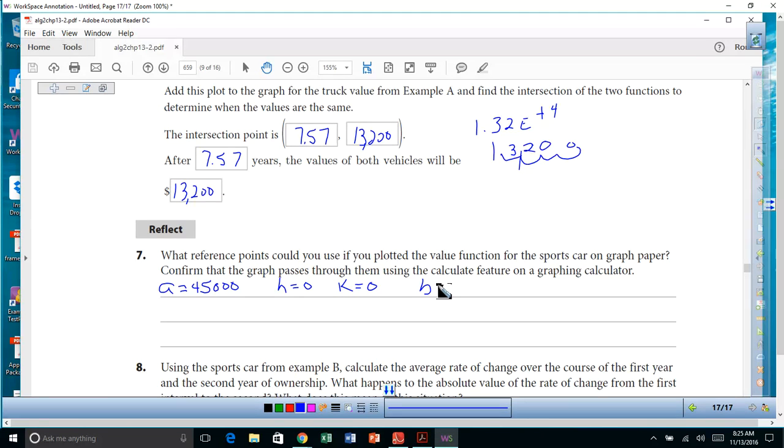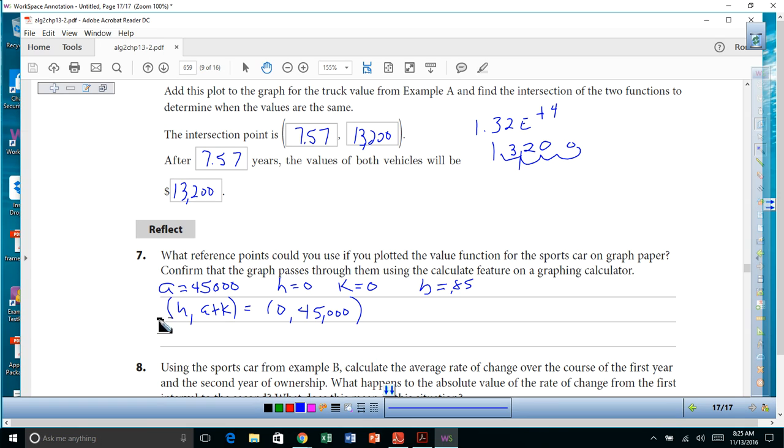And B is 0.85. So let's see, H, A plus K, that would be 0, and then A plus K would have been 45,000 plus 0 is 45,000.